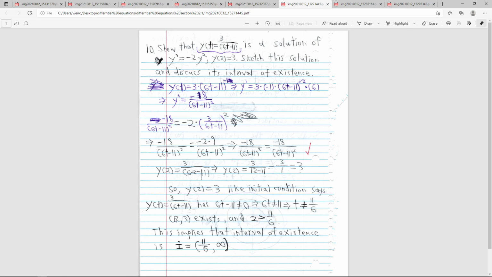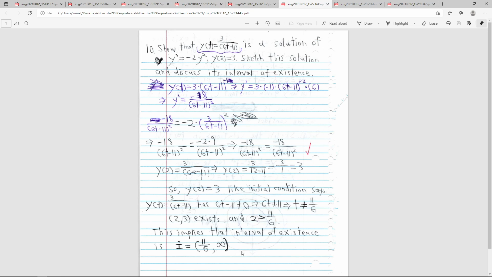We need 2 to exist, so 2 is greater than 11 sixths. The only restraint is that t cannot be 11 over 6, and we have to have this initial value of t equals 2 included.